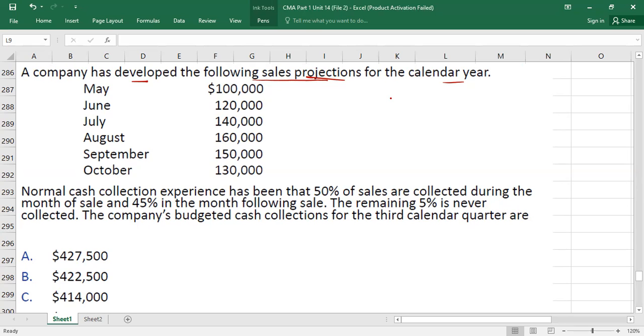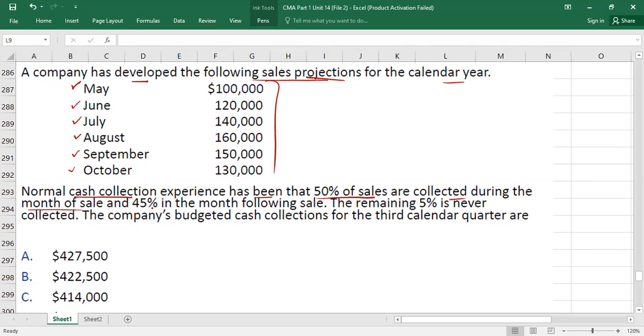So here we have the months of May, June, July, August, September, and October. These are the sales projections for those months. Then they told you the normal cash collection. Experience has been that 50% of sales are collected during the month of sale.